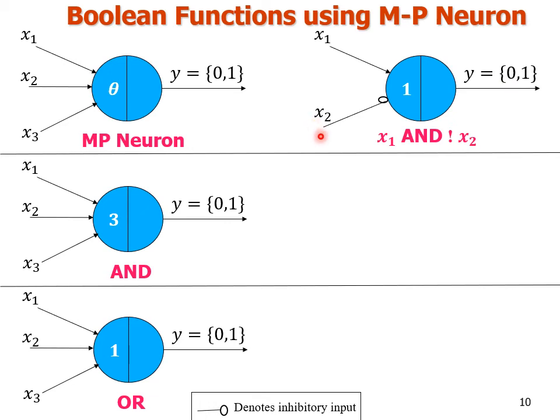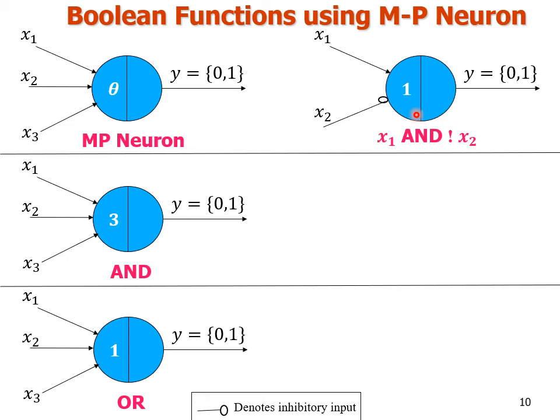In this example, we have the inhibitory input x2, and we are trying to learn x1 and not x2. So whenever x2 is 1, the output will be 0. Thus x1 and not x2 would output 1 only when x1 is 1 and x2 is 0.